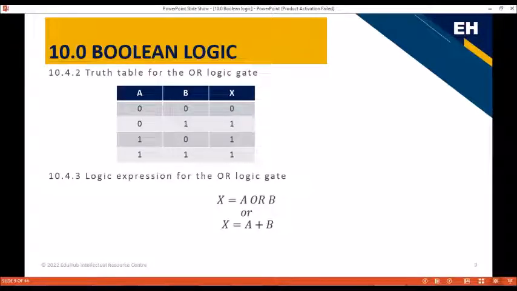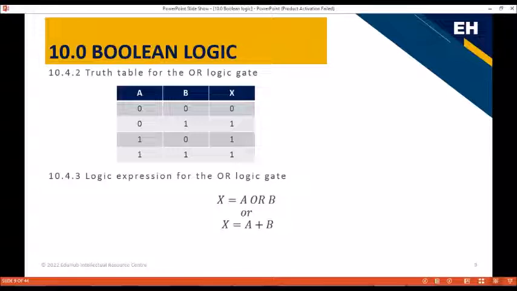When A is 0 and B is 1, then the output becomes 1. When A is 1 and B is 0, the output becomes 1. When A is 1 and B is 1, the output becomes 1. So the output is only 0 when both inputs A and B are 0.